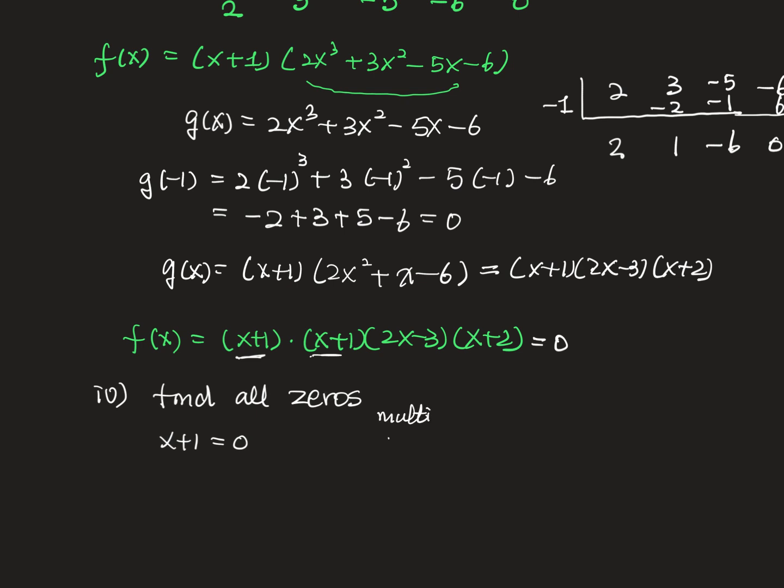Multiplicity is going to be 2. 2x minus 3 equals 0. How many 2x minus 3? That's 1. X plus 2 equals 0. How many? 1. So you can find the zeros. X equals negative 1, x equals 3 over 2, x equals negative 2.